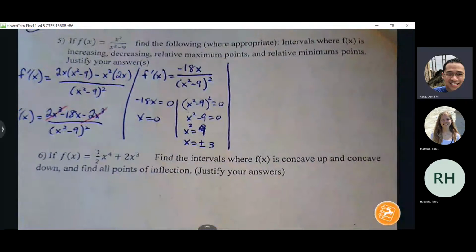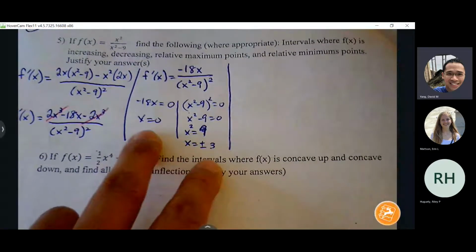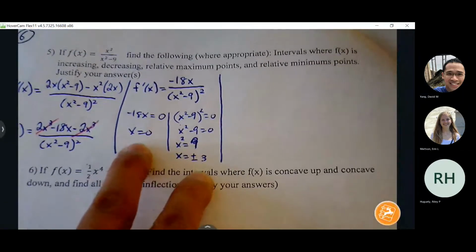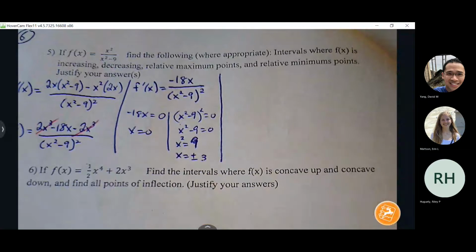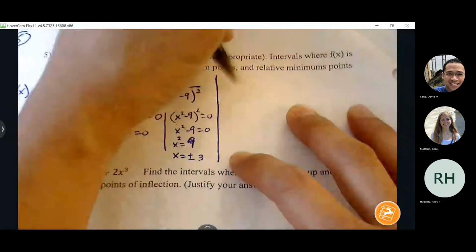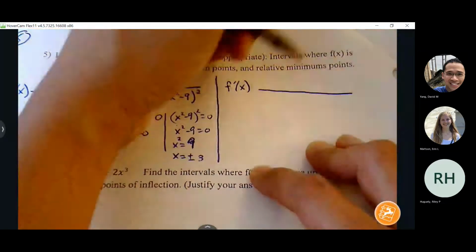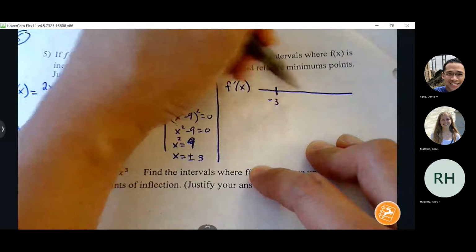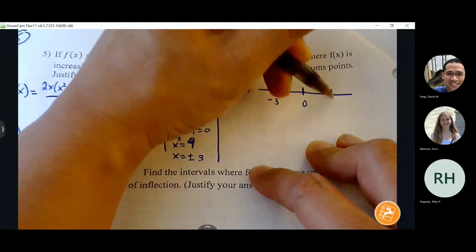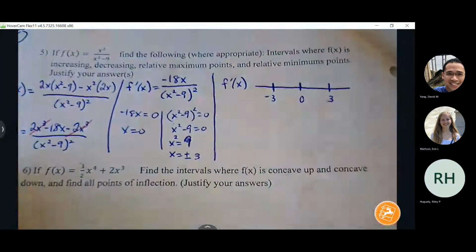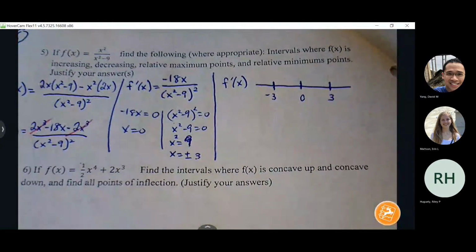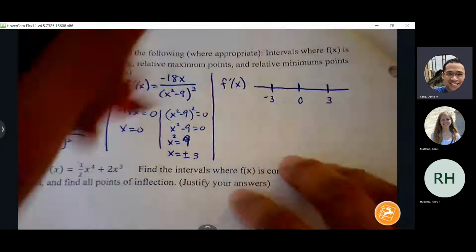Okay, we take our 3 critical values, place them onto our slope sign line. Test against our derivative.